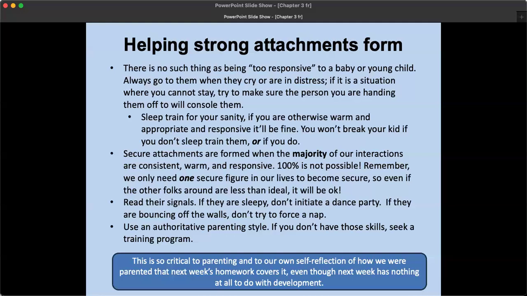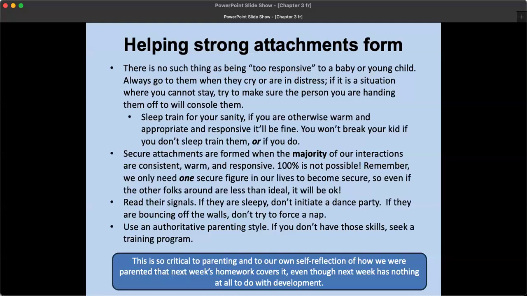Sleep is just as important, and in many ways much more important, than being perfectly responsive to your child. And if your baby is staying up for hours and hours because you haven't sleep trained, you're doing much more harm to that child than you would be to just let it happen.